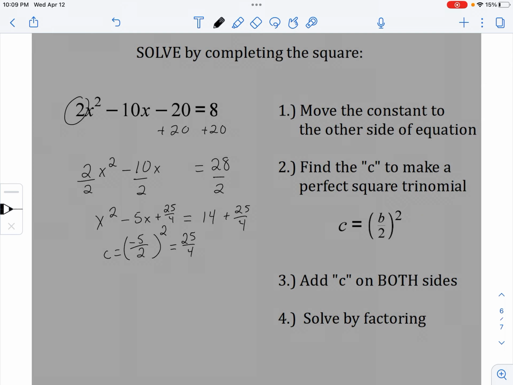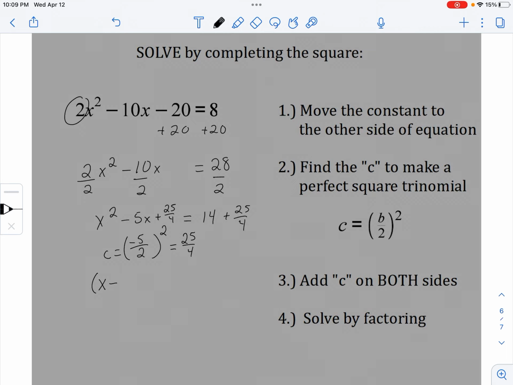Okay, so now I can solve. I know that x squared minus 5x plus 25 fourths is going to be x. Oops, it's going to be minus, because that is a minus in front of the b value.